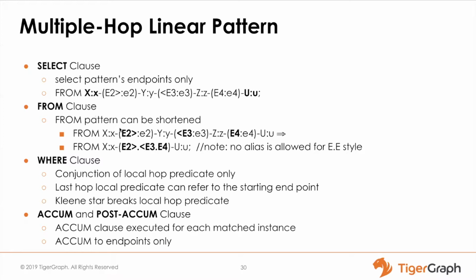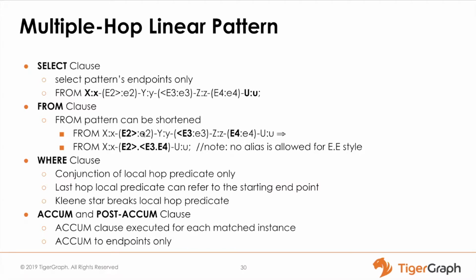In the from clause, you can have a succinct representation if you don't need to use any of the aliases. For example, I start from X and go through Y, and the edge has an alias E2. And then from Y, I go to Z, and the edge has an alias E3, and so on. And then I have E4 for the third edge.